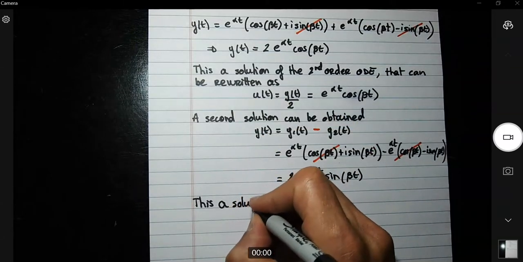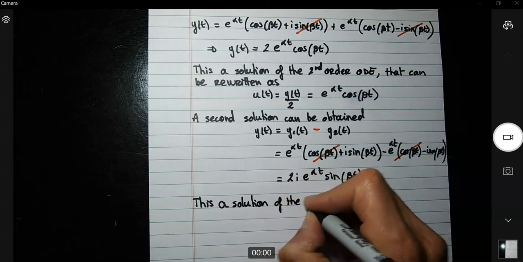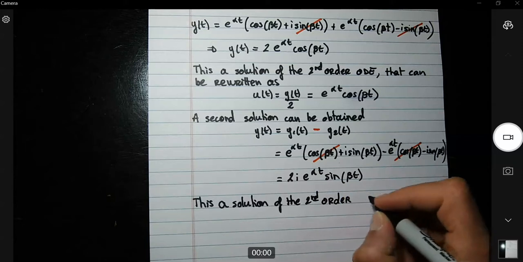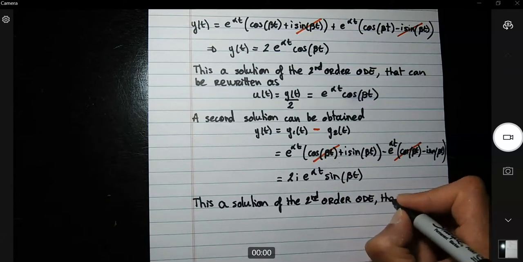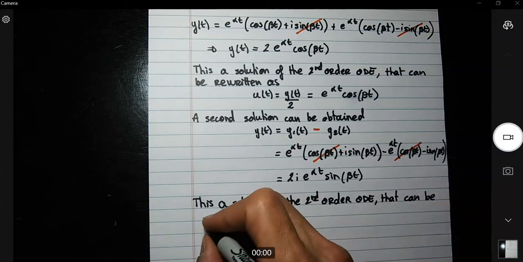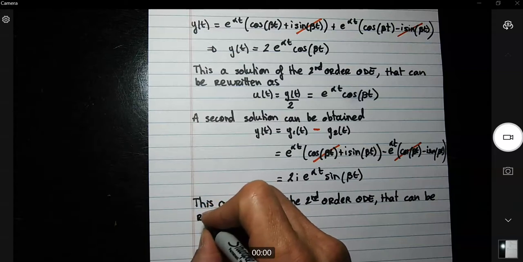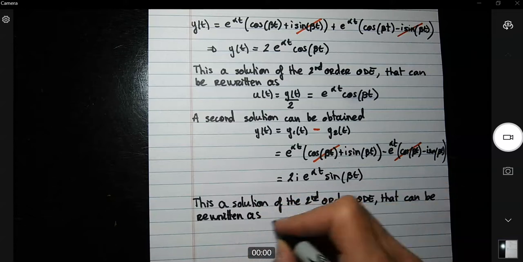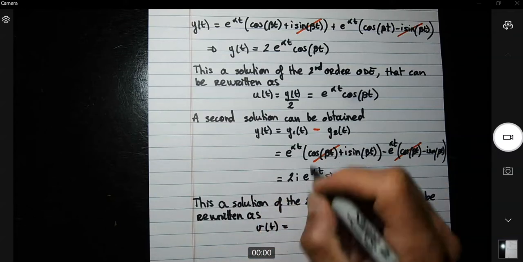This is a solution of the second order ODE that can be rewritten as, let's say, v of t, same thing we had before.